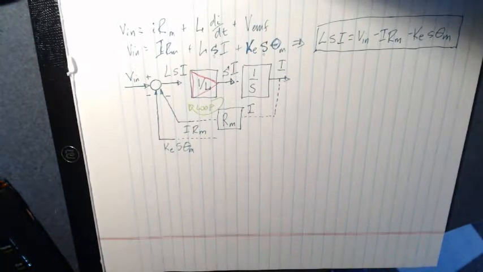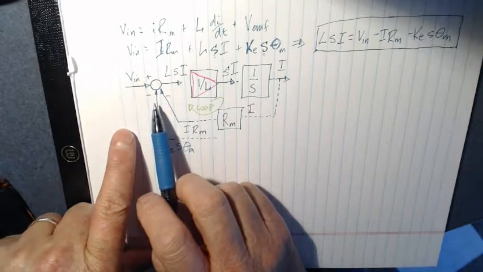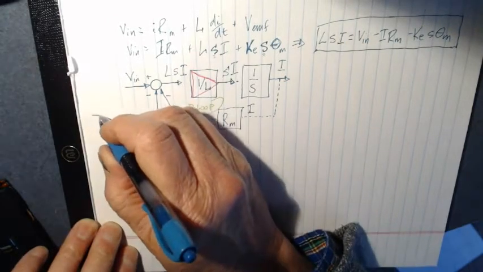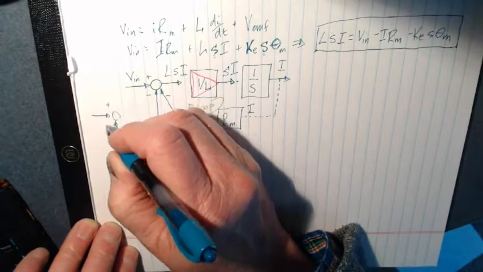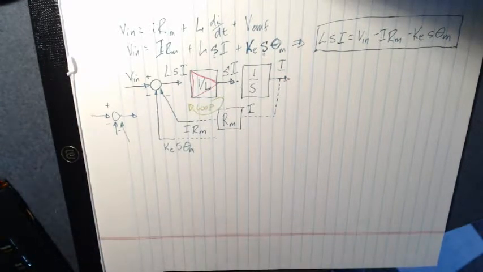Let me take one little step back, and I just want to talk a little bit about this summing junction here. What we see is that this summing junction has two things going into it, minus, minus, and then it's got some output. When we do the addition operation, it doesn't matter what order you do it in.